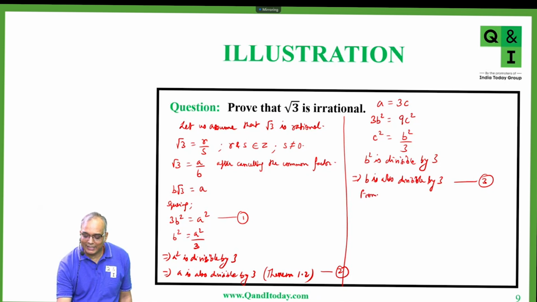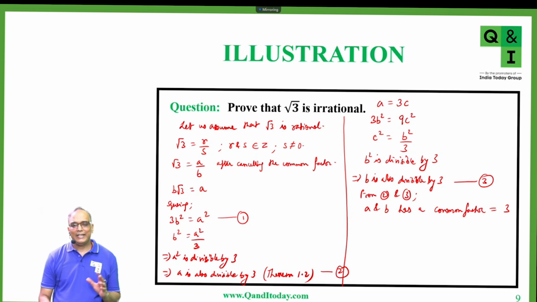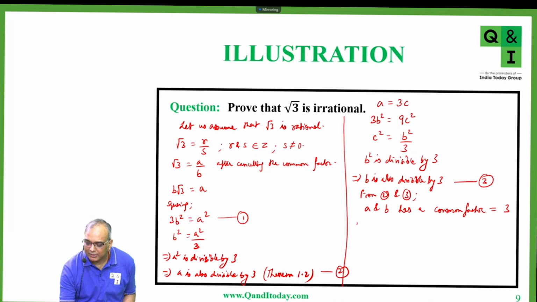From the second and third equation, we have that a and b have a common factor, which is 3, right?